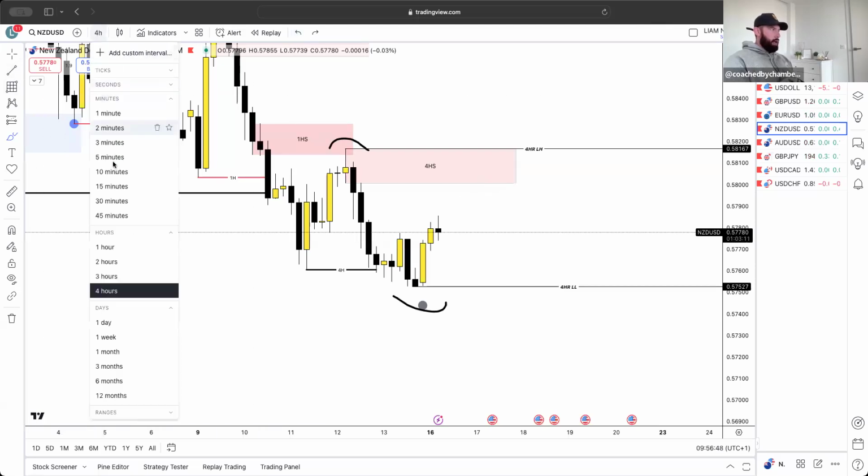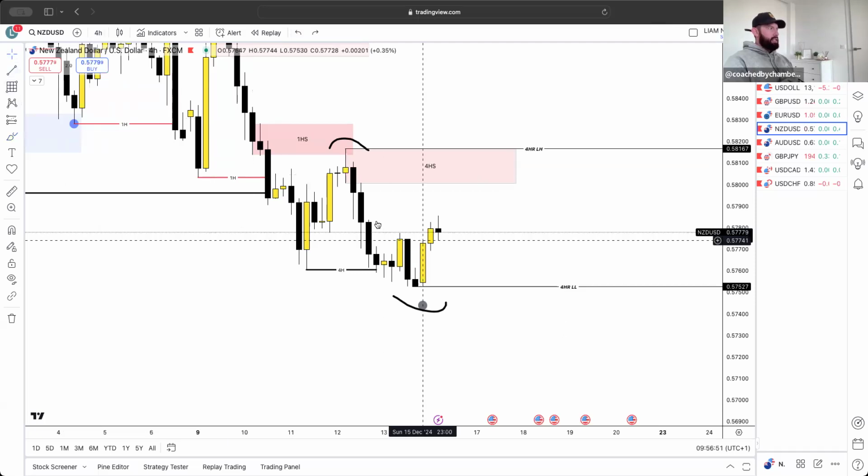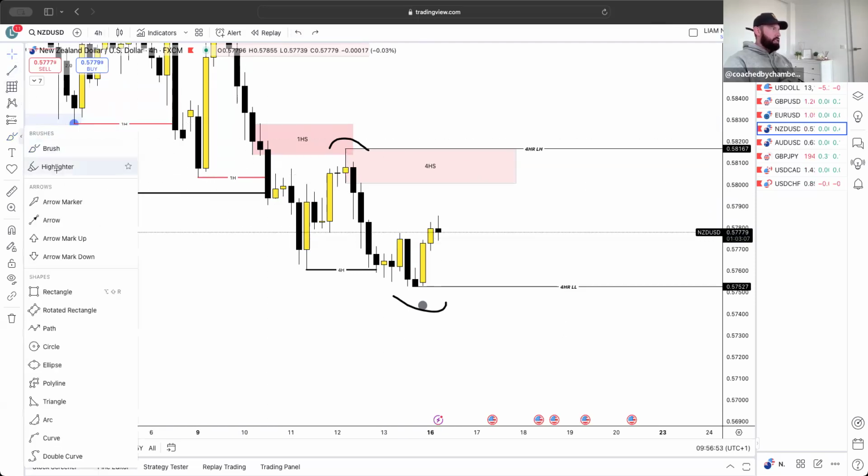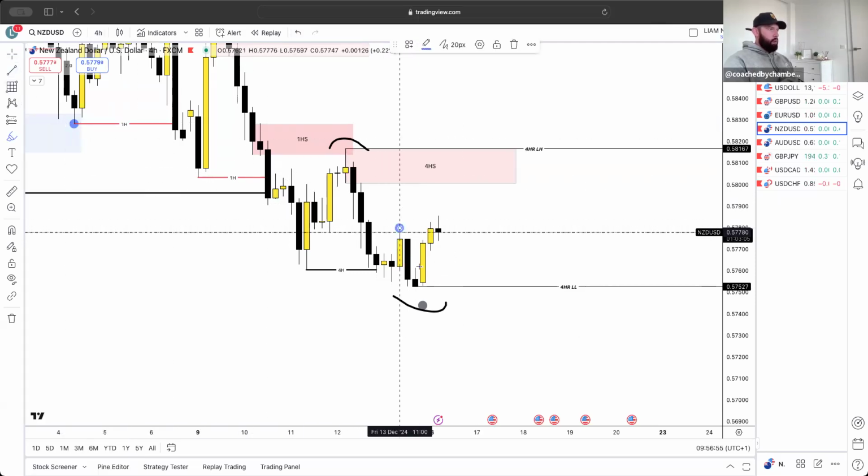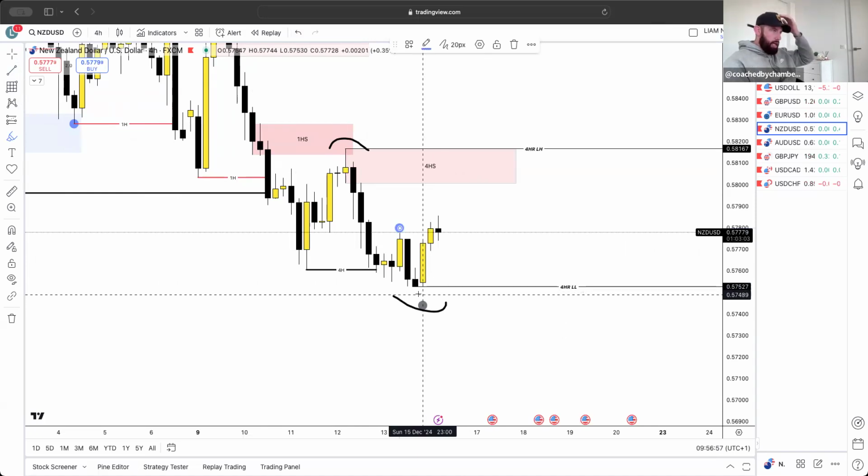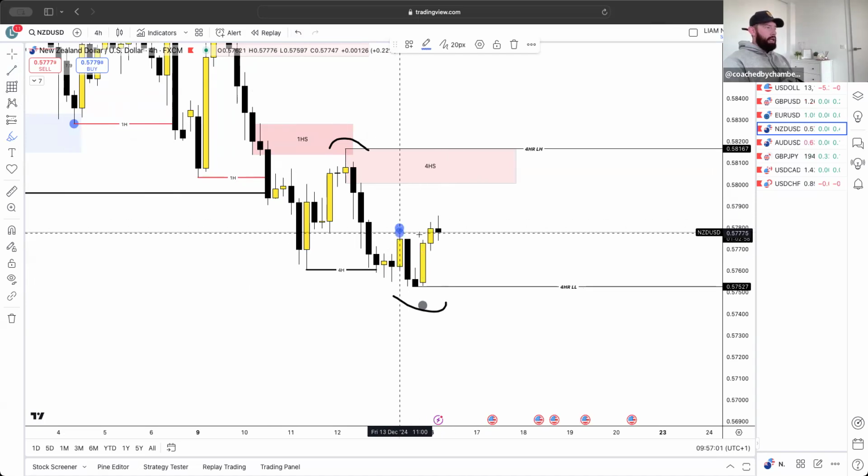If I drop down to the 1 hour, well, first thing I can see is obviously from this perspective, we created a 1 hour lower high, as well as a 4 hour lower low. And now we've had our internal break of change of trend.